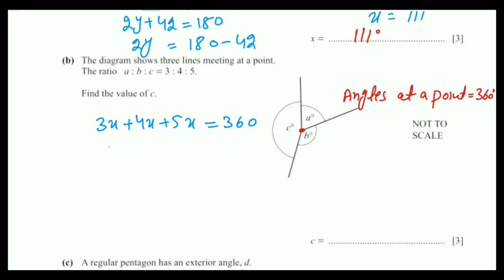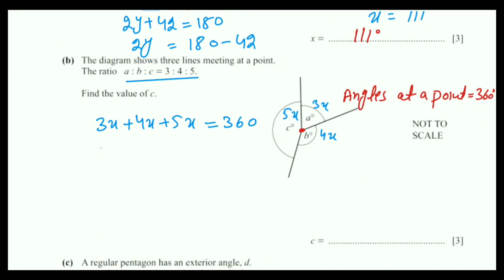First of all we will find x and then we will find the value of C. A is 3x, B is 4x and C is 5x according to the ratios given in the question. We will assume x as an unknown value, because the ratio is given and we don't know the exact value, so that value will be supposed as x.